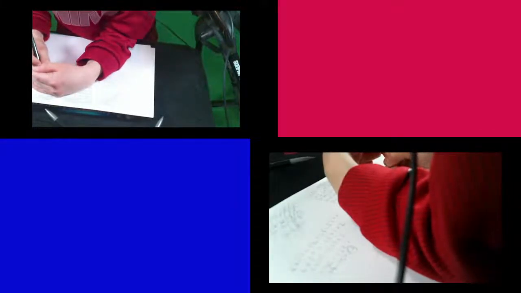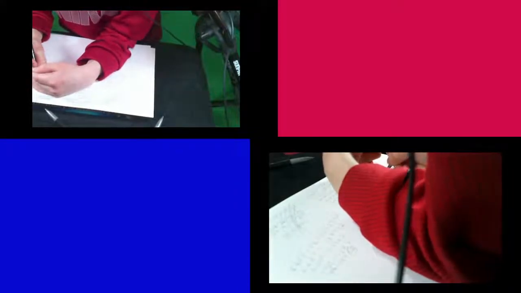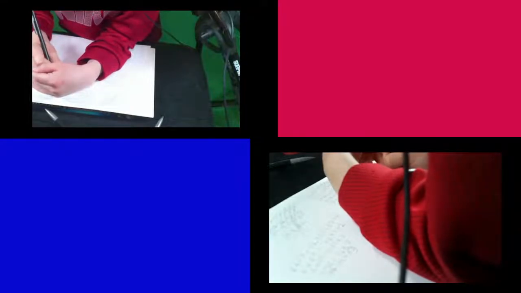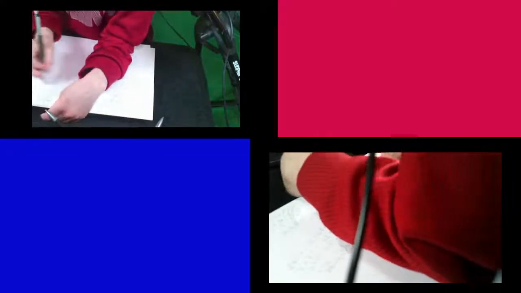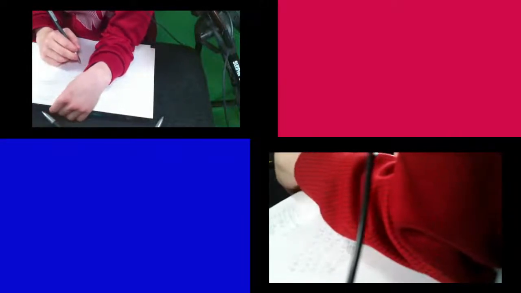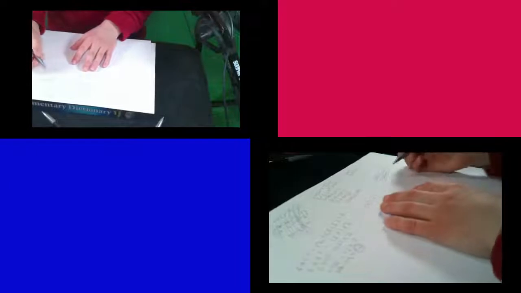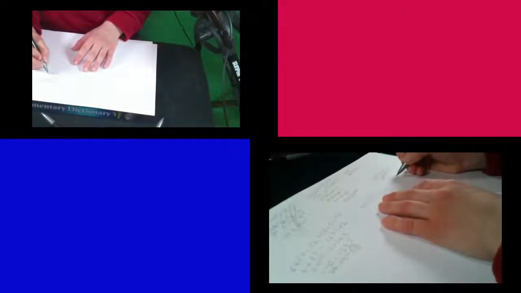So here we go. I messed up again. So, 5 plus 2 plus parentheses 5 minus 2 parentheses plus 6 to the power of 2 divided by 1.